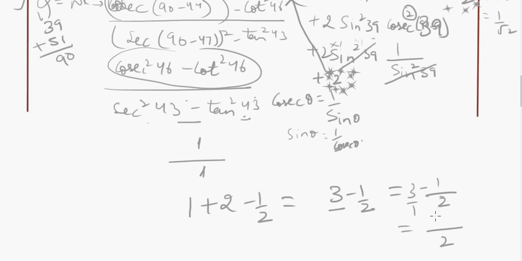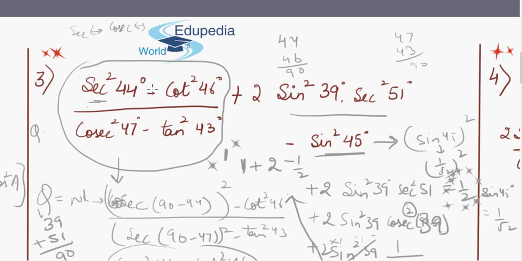LCM of 1 and 2 is 2, 3 2s are 6, and so the answer is 5 by 2. So friends, see, we didn't know any of the values of secant 44 or cotangent 46 and so on, but thanks to identities, thanks to complementary pairs, we can easily calculate, and we have easily calculated this particular question.